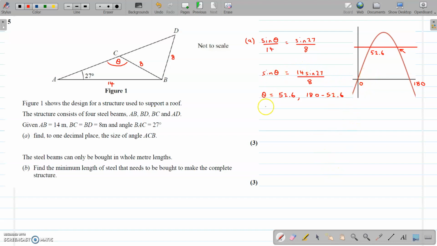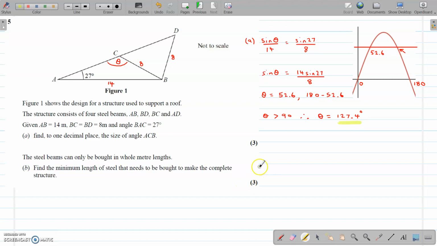So I can just say that theta greater than 90, therefore theta equals, now it's going to be that calculation which comes to 127.4 degrees to 1 decimal place, which is what we were asked to give.